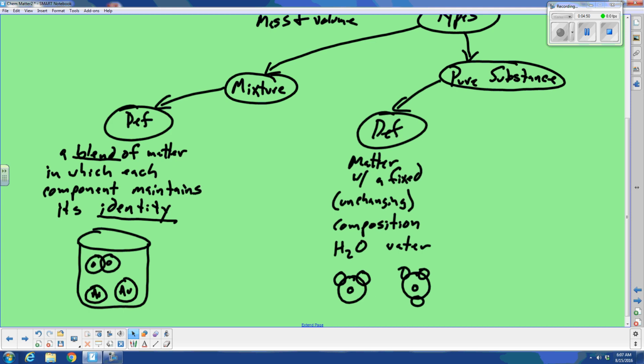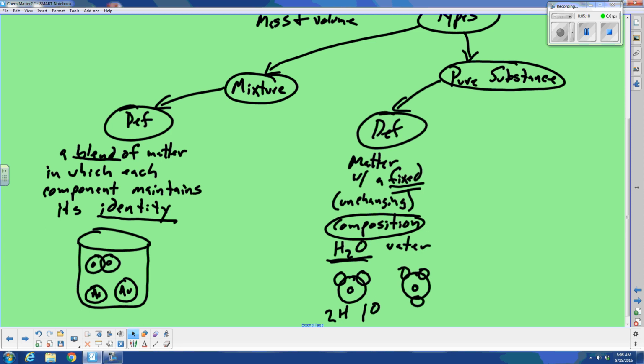Is that water? Well, no, it's not water, because water is always what? H2O. There are always 2 H's and 1 O. That composition of H2O is fixed, never changing. So that means water, H2O, is a pure substance.